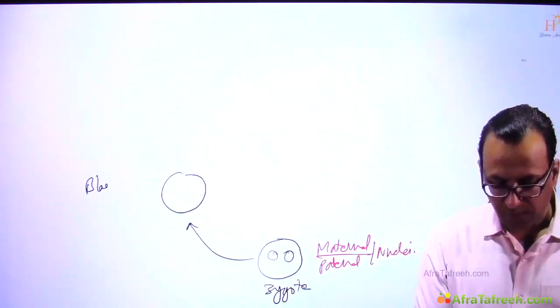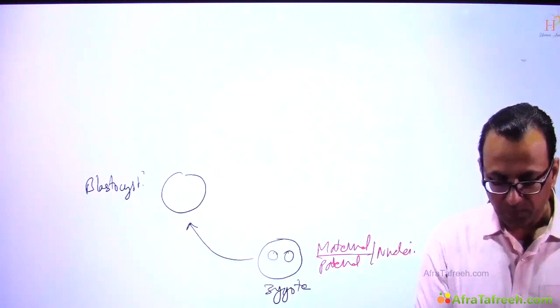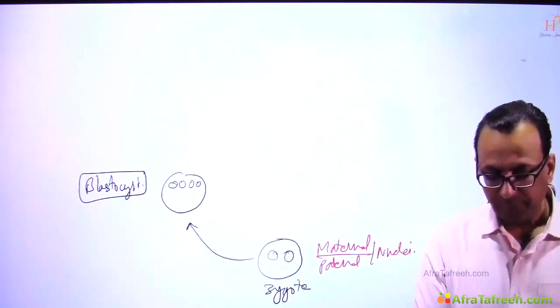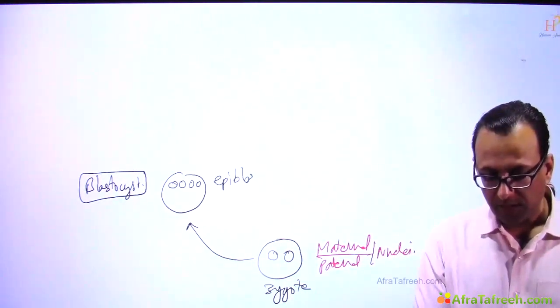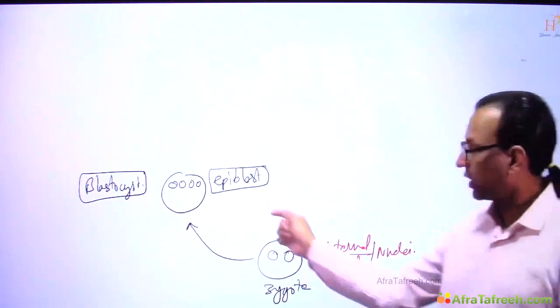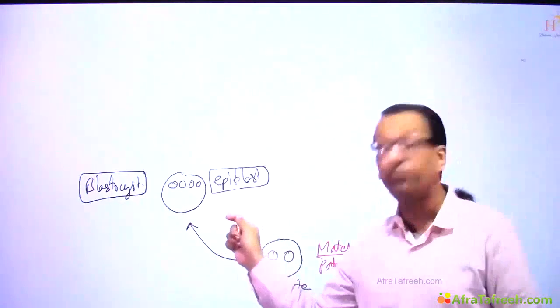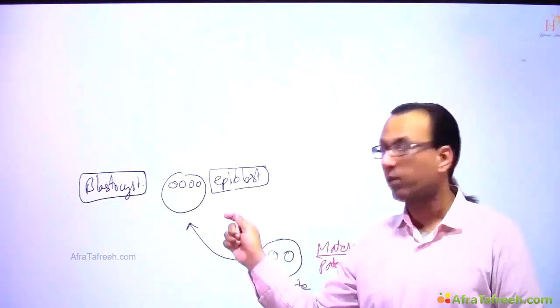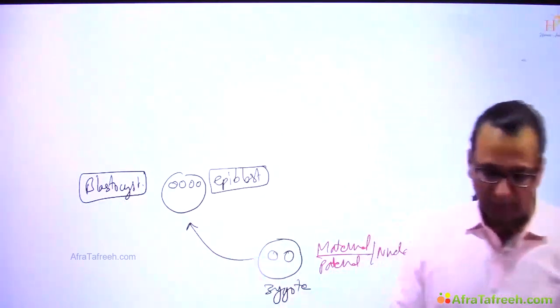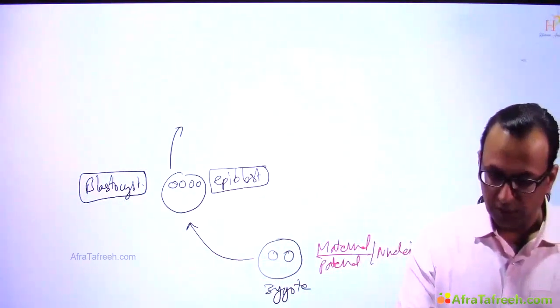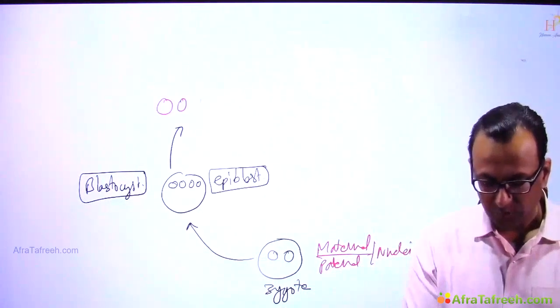Now, in the blastocyst, you will find that there are some epiblast cells, and these epiblast cells are the ones which are going to give us the first sex cell of our body, and that first sex cell of our body is called as primordial germ cell.